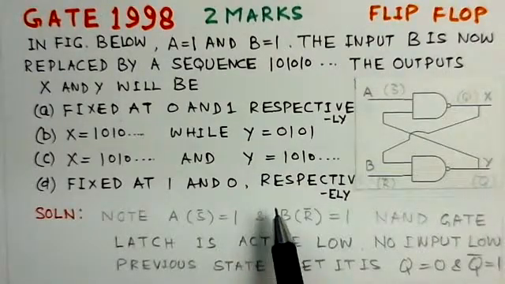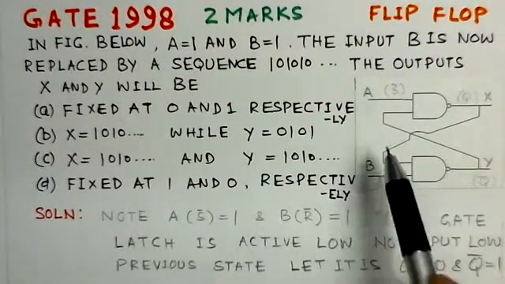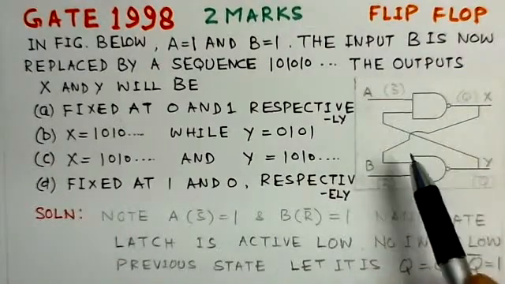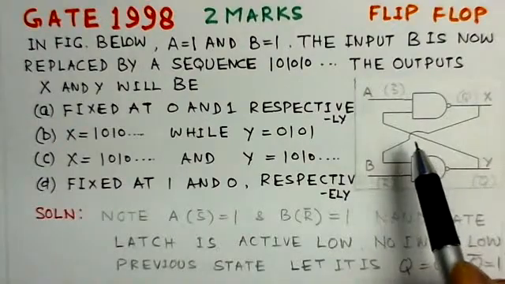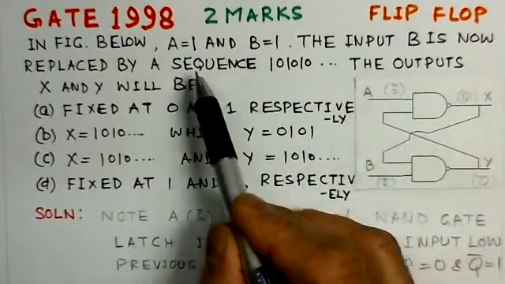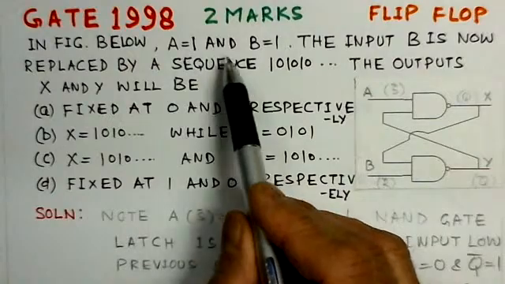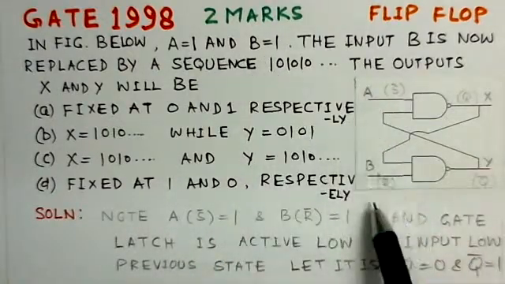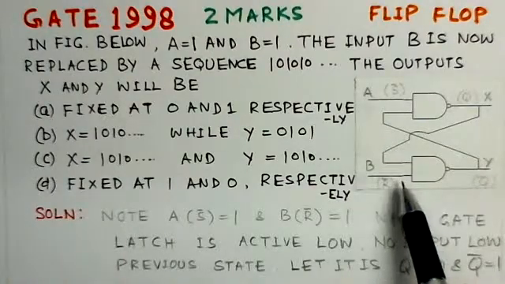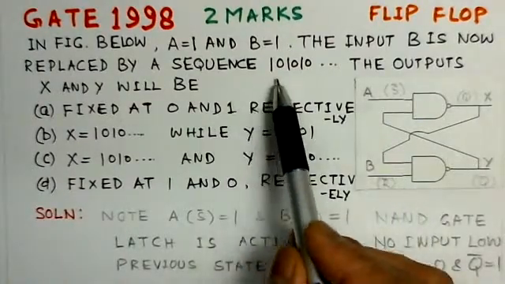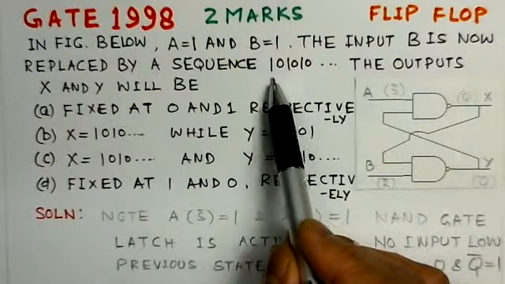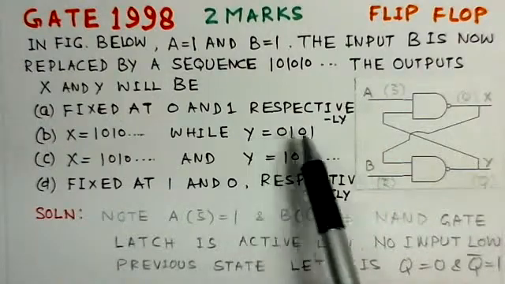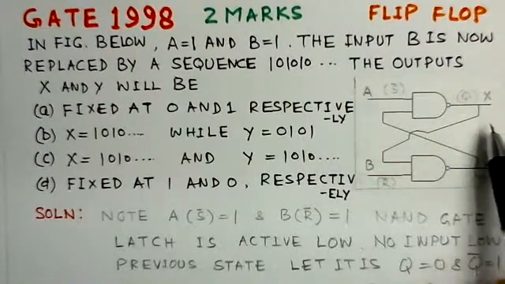If we see this circuit, we observe that this problem is also based on the NAND latch, and here initially we apply the inputs A equals to 1 and B equals to 1 to both the NANDs, and then one of the inputs is replaced by a sequence 1 0 1 0 1 0, and then we have to find out what will be the corresponding output here.